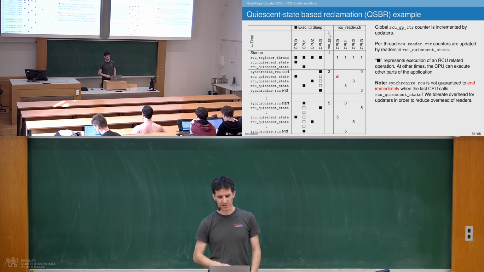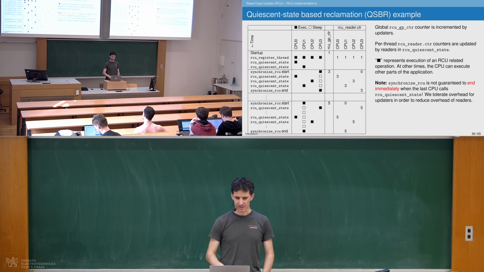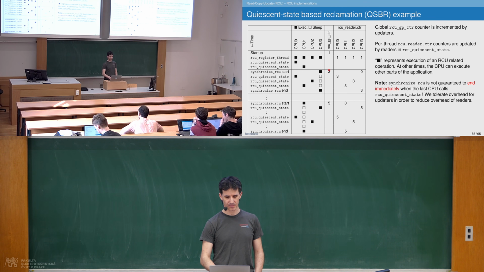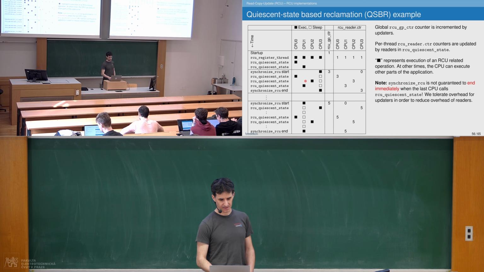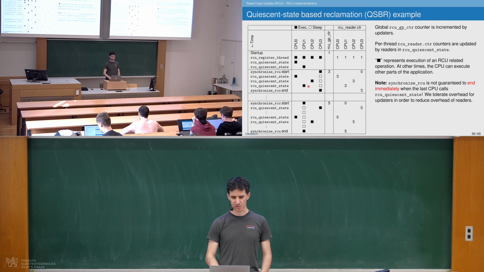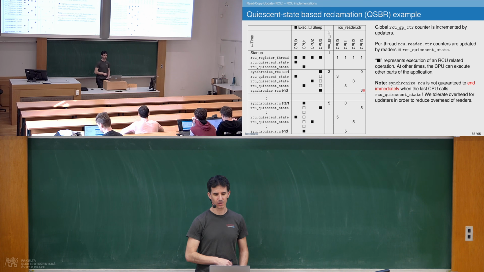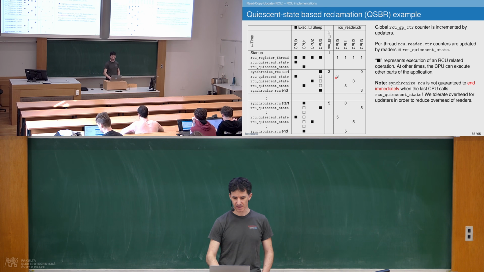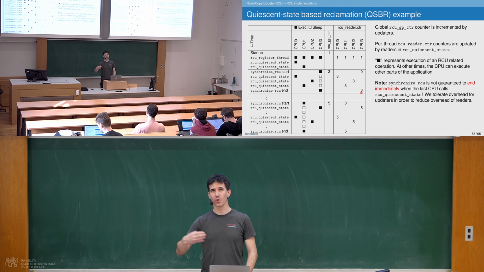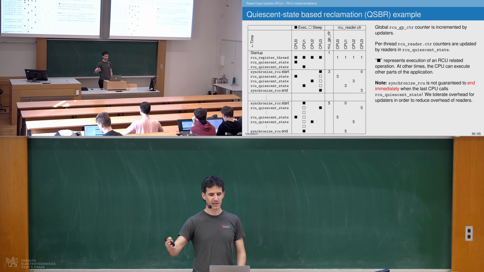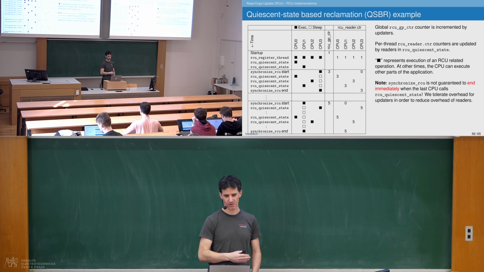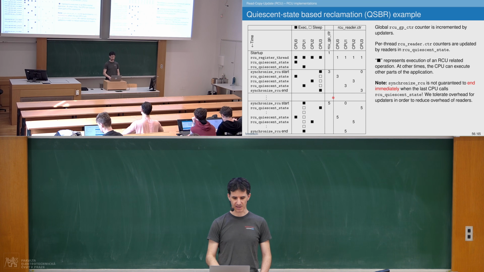This function is pretty simple. It just reads this shared variable and stores the value to this local counter. And synchronize RCU just goes from time to time looking at those variables, and after it sees all of them have value 3, it means that all readers went through the quiescent state, which means that all readers finished reading the list, and the data can be freed.